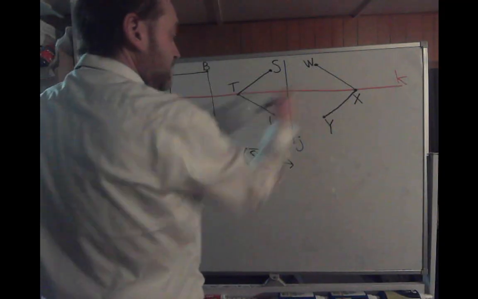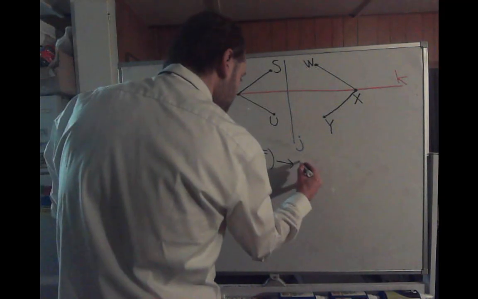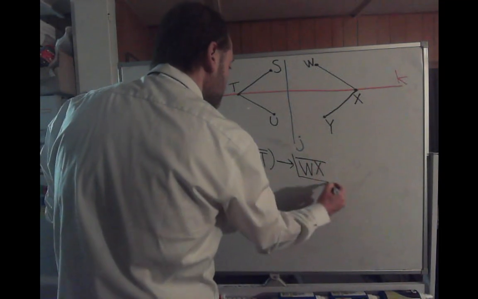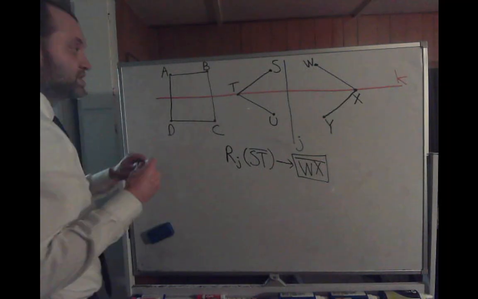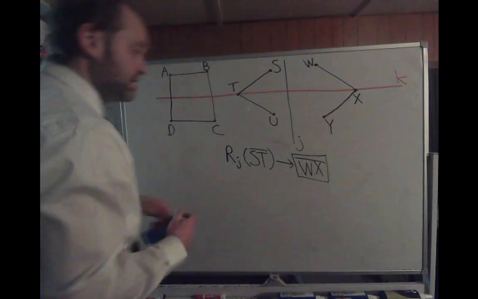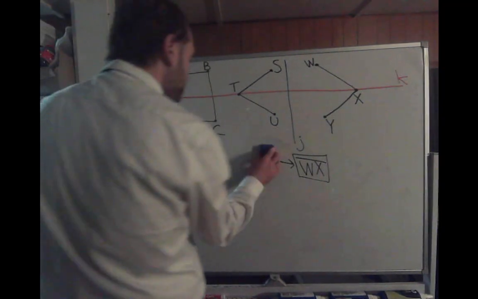What fits the bill here would be WX. You would get line segment WX. That would be the answer. Since it's a reflection through line J, you would get WX for the reflection.